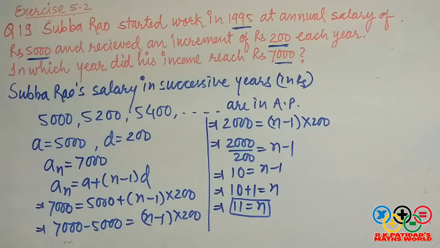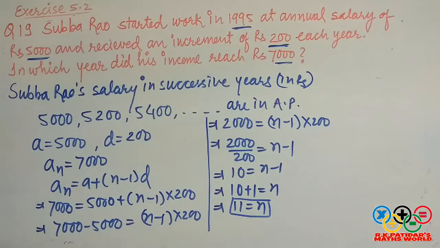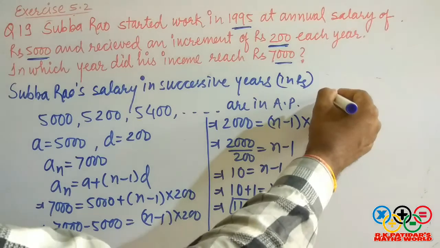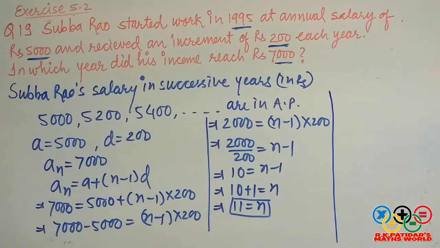Means in the 11th year from 95, in the 11th year his salary will be 7,000. So which year will be the 11th year? Right now it is 1995. After this, the first term is 1995. Now the 11th term means the 11th year.